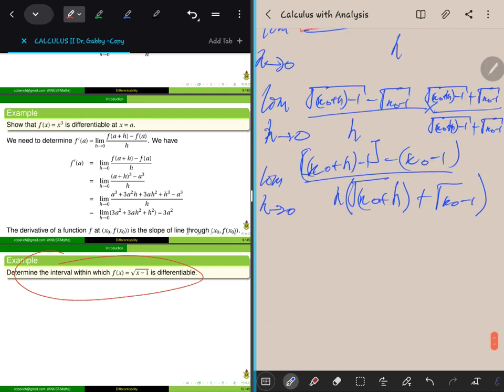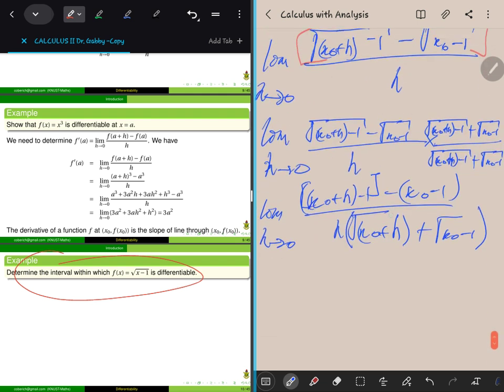So let's see. When we open this one up, this one takes care of this. This one takes care of this. This one ends up taking care of this. So we end up getting just h at the top. So in the end, the h at the top will also cancel this h out.